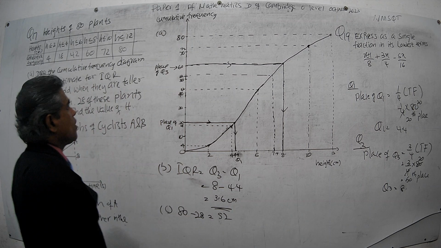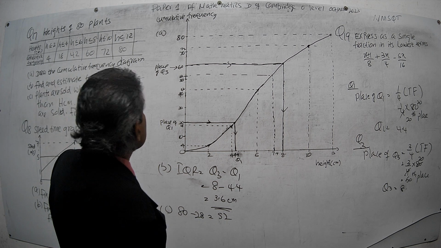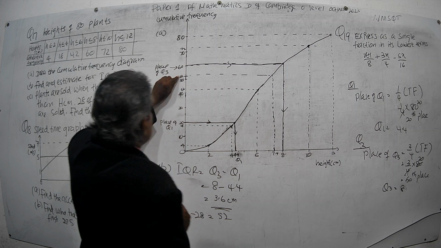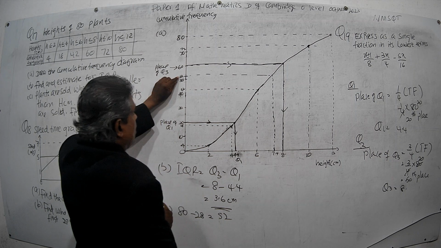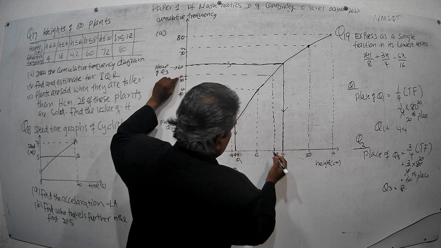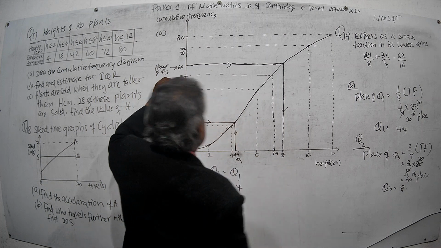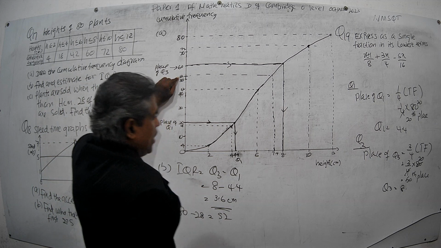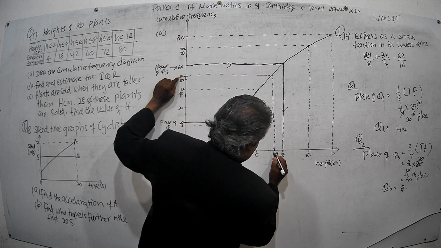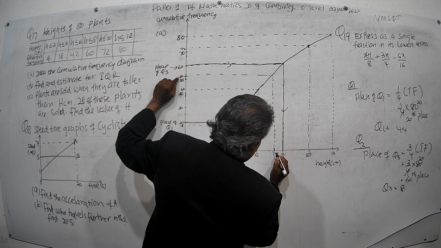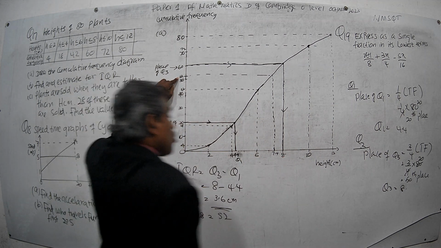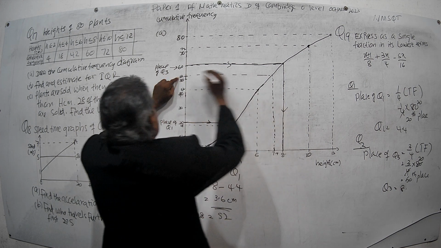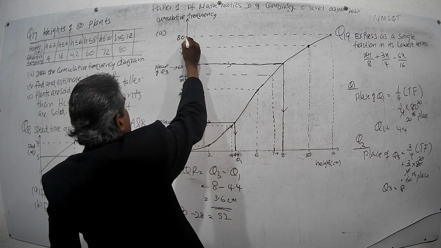Then this 52 is the number of plants which were less than or equal to 7.4 in height, and the number of plants which are taller than 7.4 is this much, is 28.